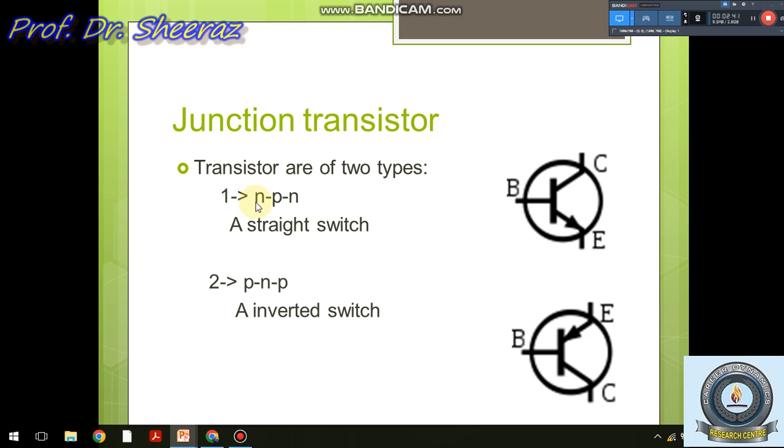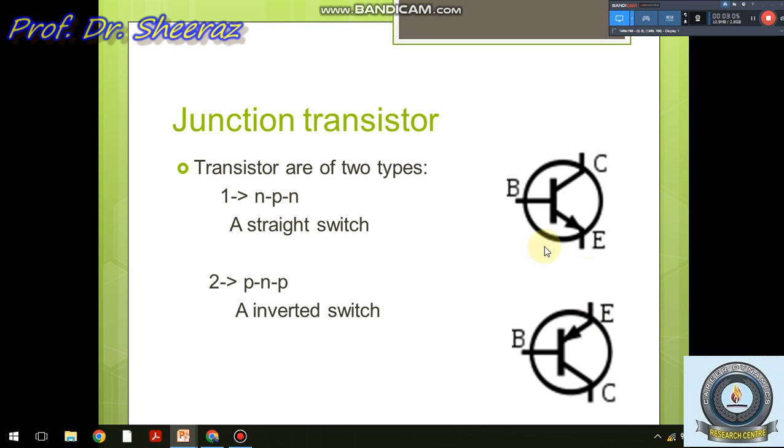So that part of the semiconductor or transistor in which there are more negative elements or negative electrons available, or we say that they are the negative carriers, that is called the N-type material, and the one which has more of positive carriers, that is called the P-type material.